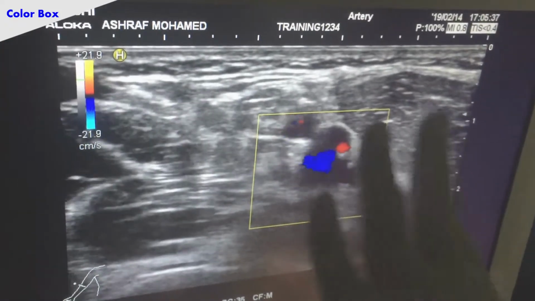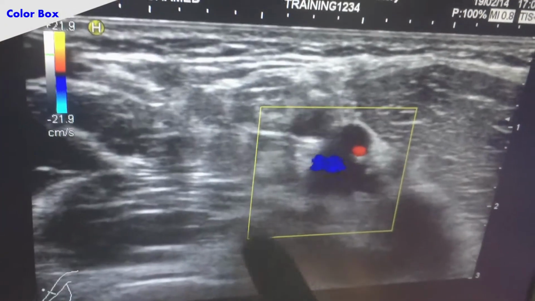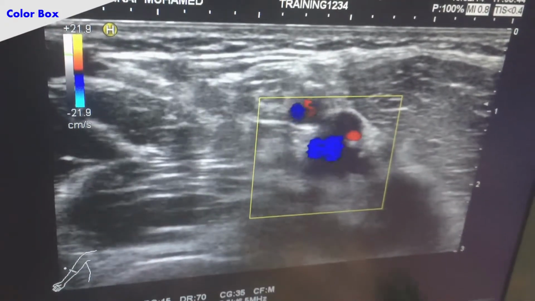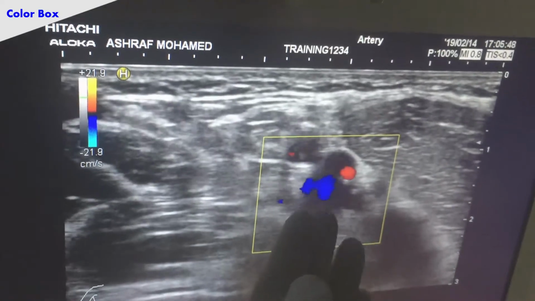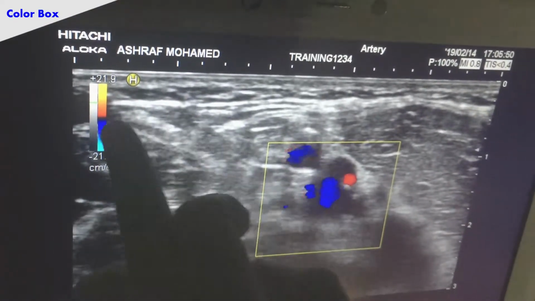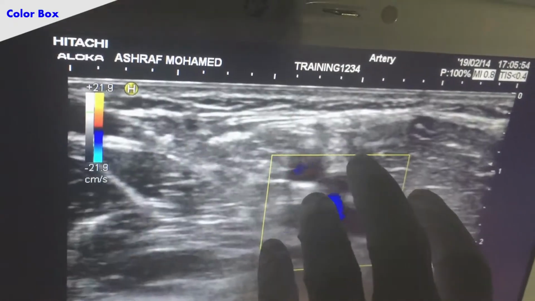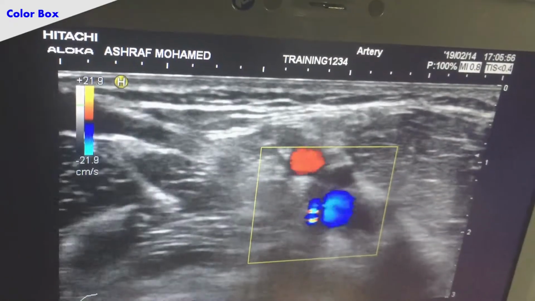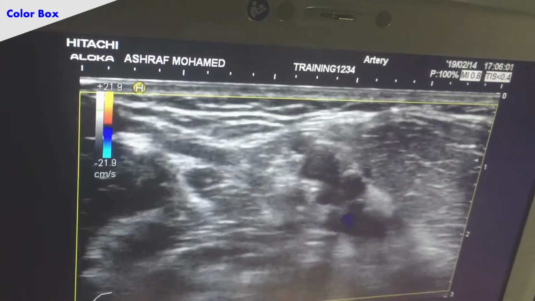Again, the issue here is to explain what we name the color box, okay? What appears here are moving particles, moving toward or away from the probe according to the color bar, but it is not our issue now. Our concept is, when you use Doppler, don't make this box wider like this.